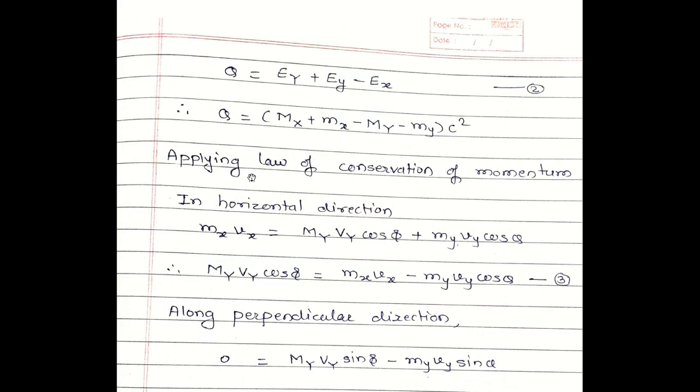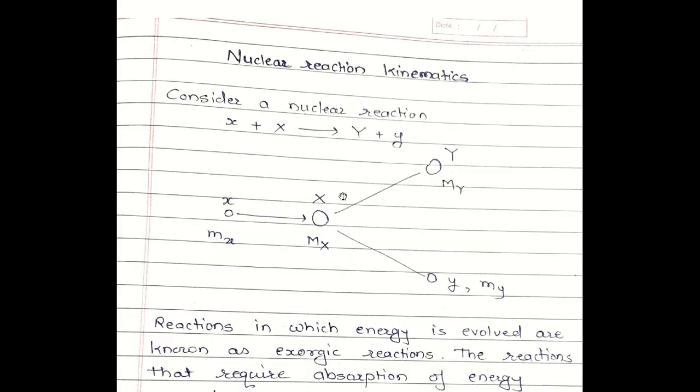Now let us apply the law of conservation of momentum, because during the nuclear reaction the momentum should also remain conserved. While applying momentum conservation we have to consider two directions: the horizontal direction, the original direction of the projectile, and the vertical direction.